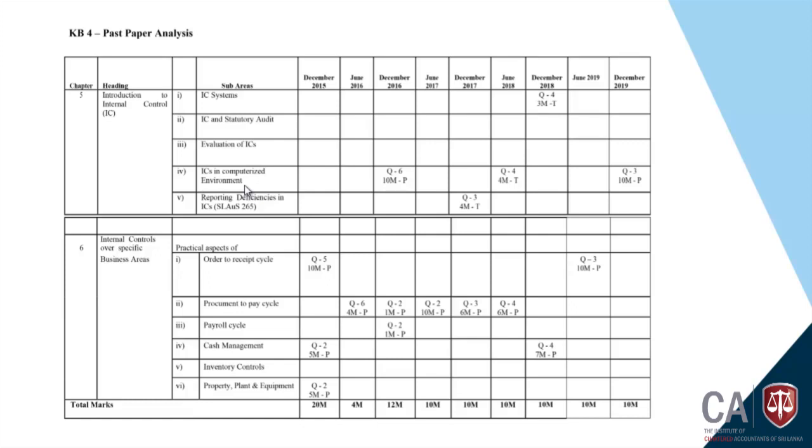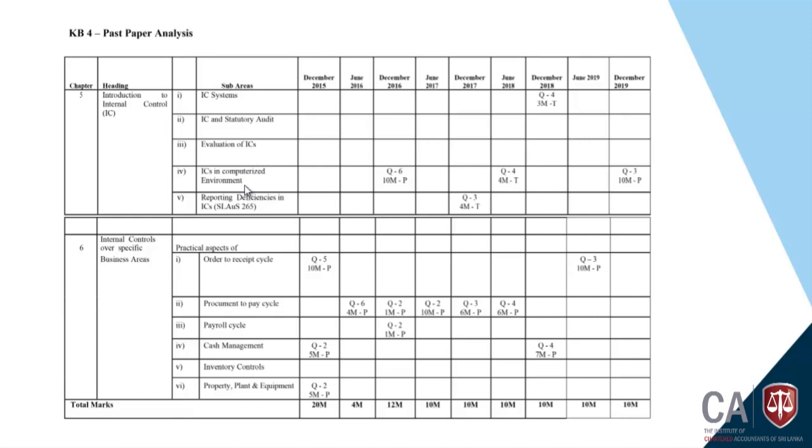You can see there is one common area where the examiner has been testing: procurement to pay cycle. It has continuously been in your KB4 paper, and remember that CL1 is much more advanced than KB4.